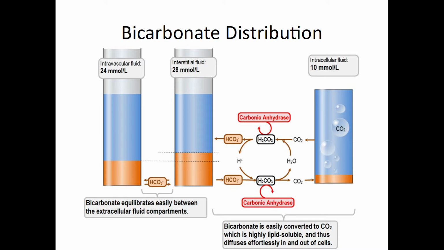However, because it's so easily converted, some of it will be converted to carbon dioxide, which can go right through the plasma membrane and go back and forth. So we'll have this flow back and forth, with some of it being carbon dioxide, some of it being the bicarbonate, and some of it being the carbonic acid forms.